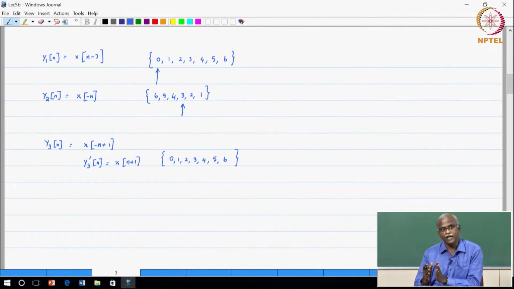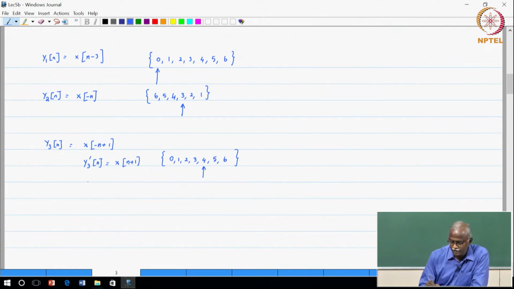Basically the advance operation says that the entire sequence moves to the left. So the origin now becomes 4. Originally it was at 3, and the whole sequence has moved by 1 unit to the left.